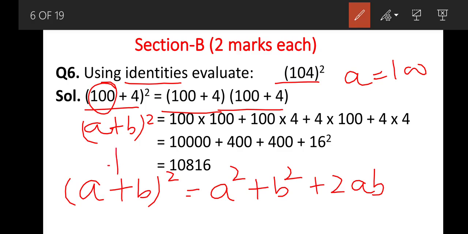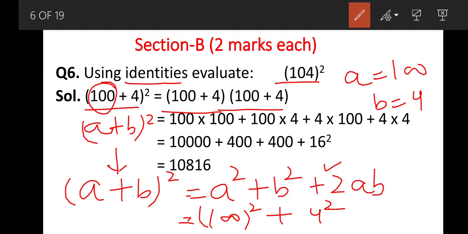This side is given to us. I need to write down this side. So a is equal to 100, b is equal to 4. So it will be 100 raised to the power 2 plus 4 square, or b square can be written after 2ab also, plus 2 into 100 into 4. So after solving, you will be getting the same answer.